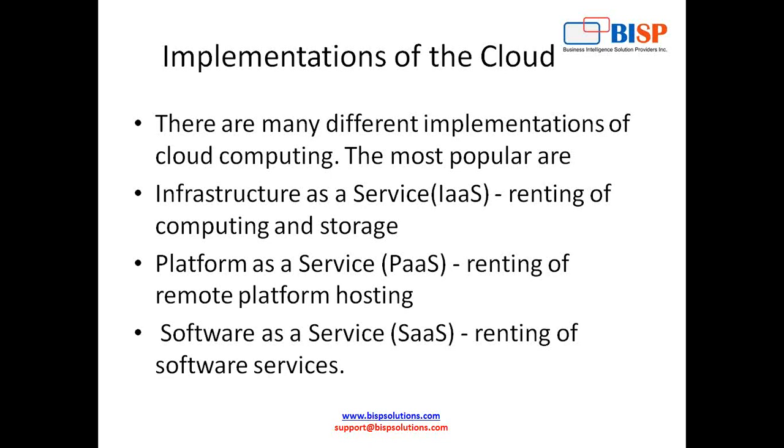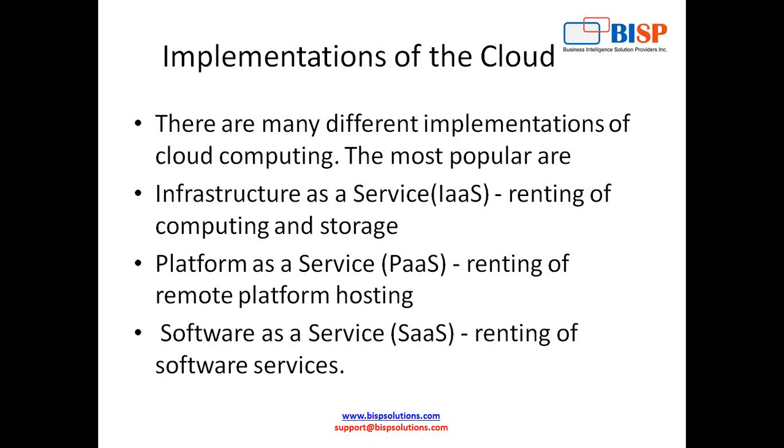So what do you do? You rent a particular cloud storage service where they store your content for you, and according to the storage space, they take money from you. So this is infrastructure as a service, and Amazon Web Services, Google Drive and Dropbox are all famous examples of infrastructure as a service.